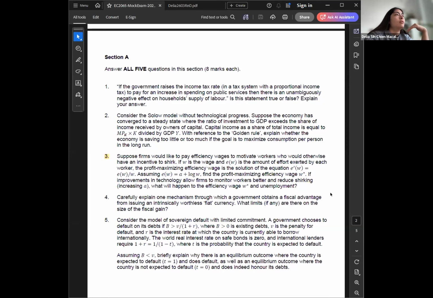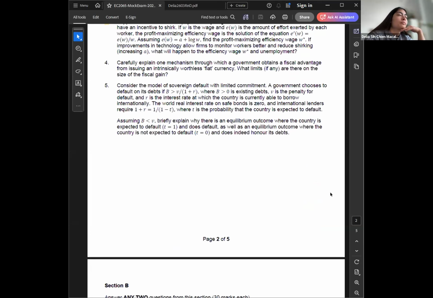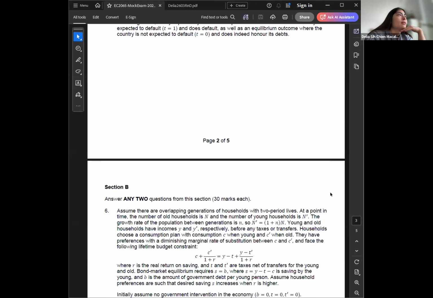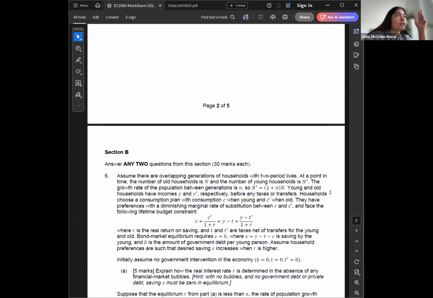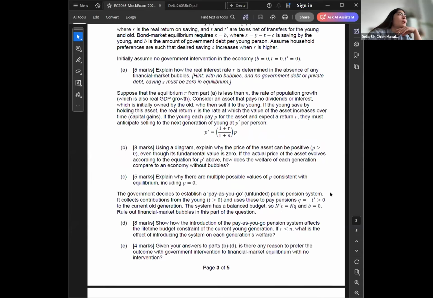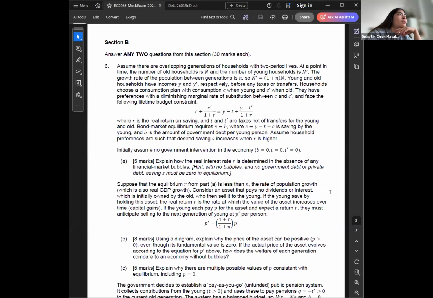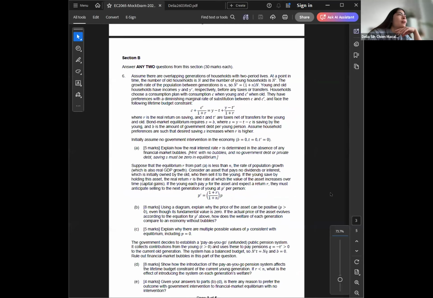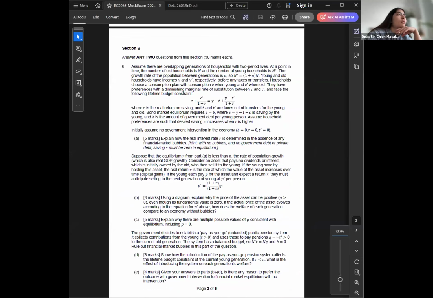From section A, you need to answer all 5 of the questions. Then in section B, you have 3 long questions. As anticipated, you only need to answer 2. You can see these are quite long, usually about a page, with a lot of context.